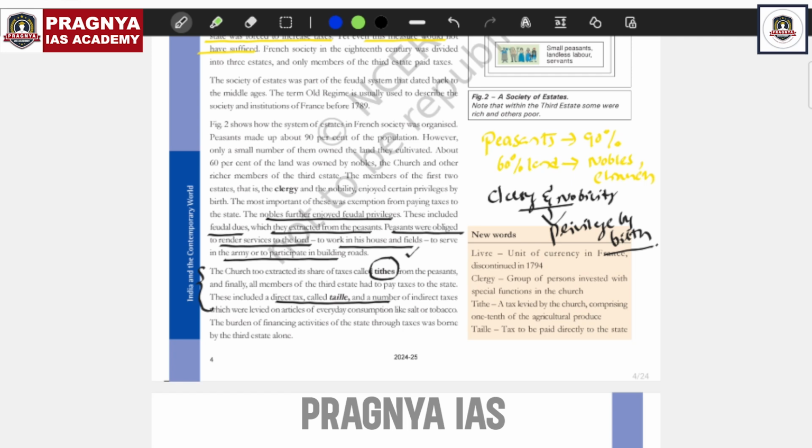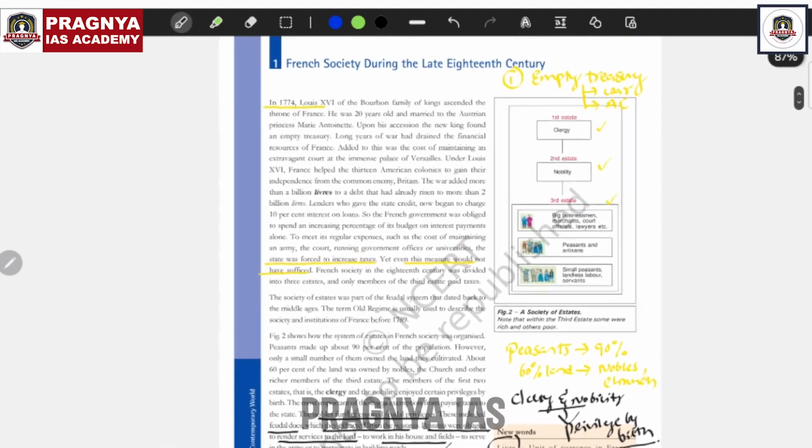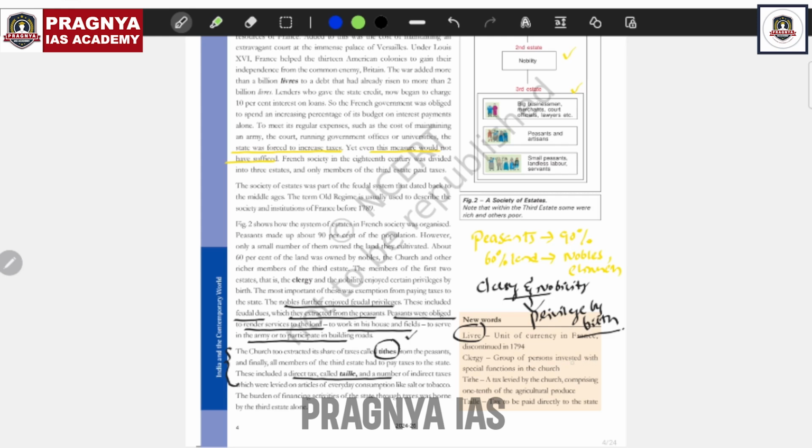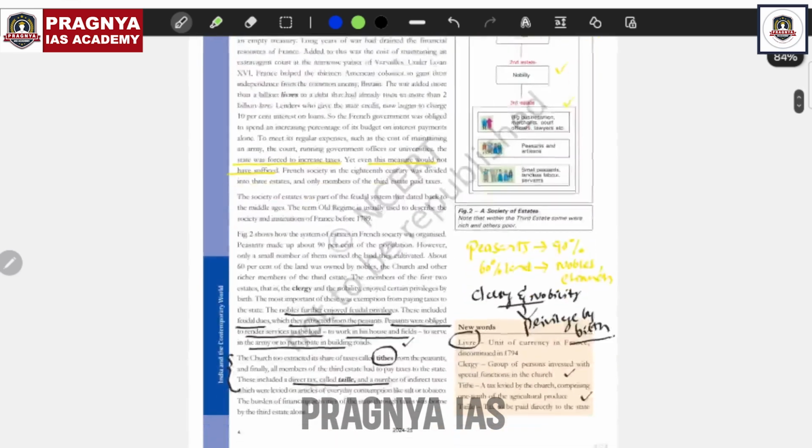Livre is the unit of currency in France, discontinued in 1794. Clergy, the first estate, belong to a group of persons invested with special functions in the church. And tithe, a tax levied by the church, comprised one-tenth of the agricultural produce. Yes, these are important points on this page.